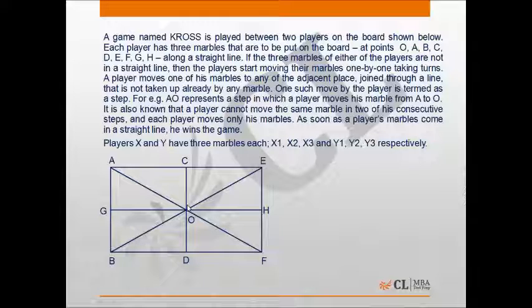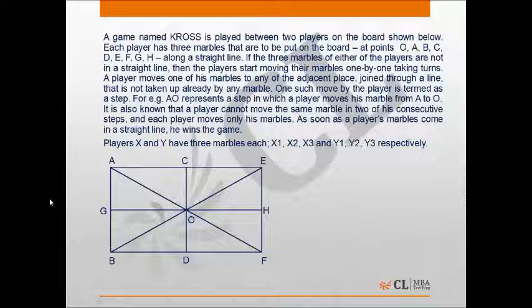As soon as a player's marbles come in a straight line, he wins the game. Which means if X has got his marbles in the straight line A C E, then he would win the game, or in line A O F he would win the game.